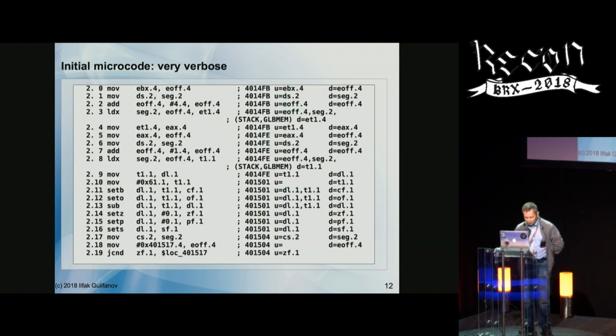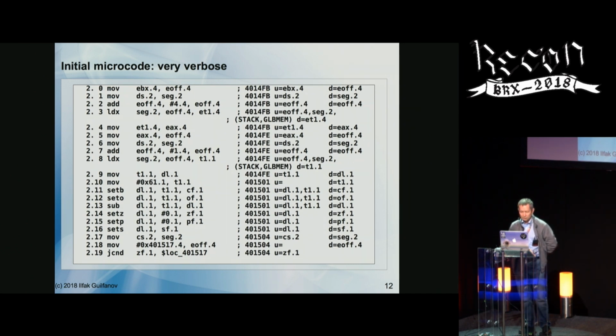And what we do, we first load the index register EBX and the segment register DS into some internal registers, and then we add them together. And finally, we load from the memory into a temporary register. Then we move the value from the temporary register to EAX.